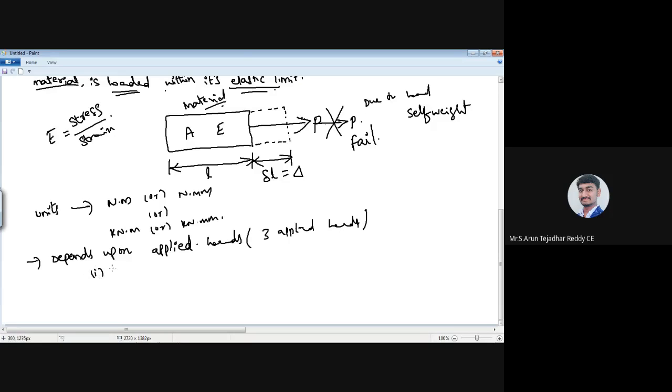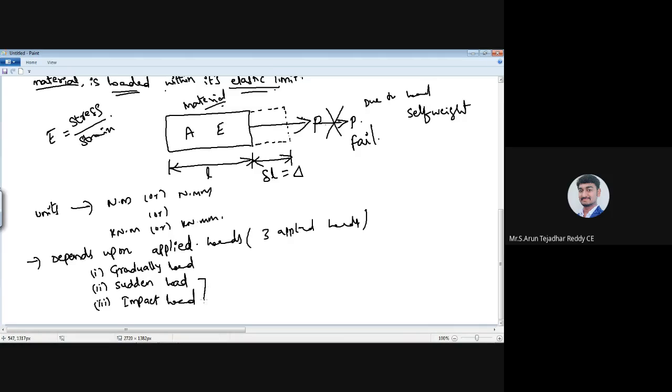First one is the gradually load, and sudden load, impact load. So this entire strain energy is depending upon the applied loads, that is gradually load, sudden load, and impact load.